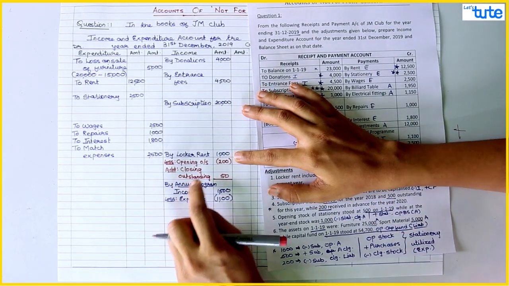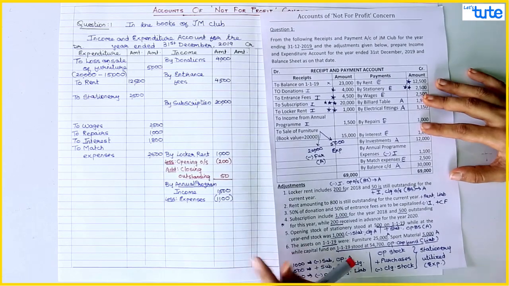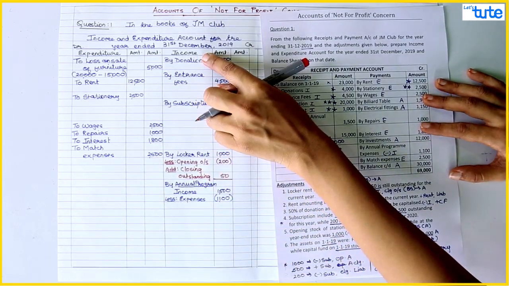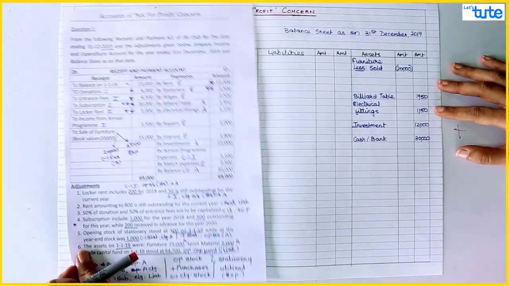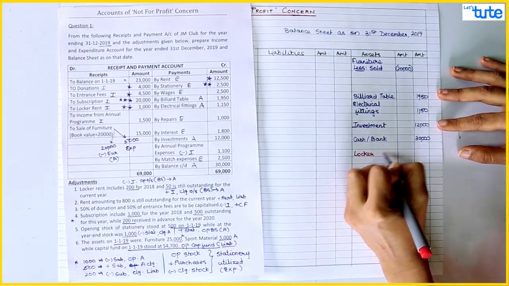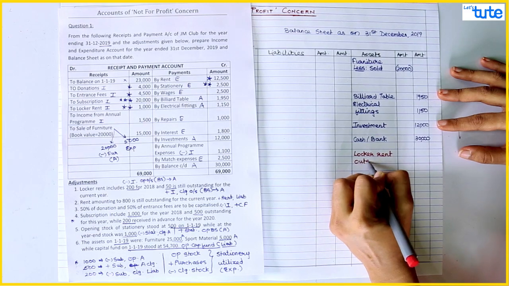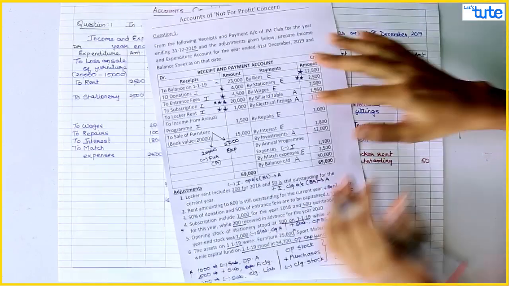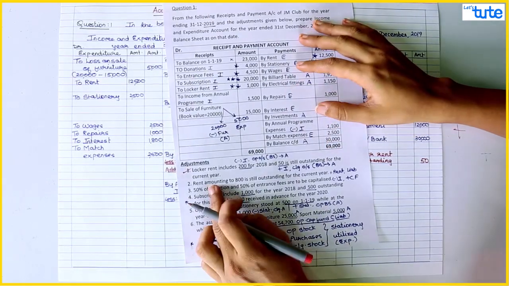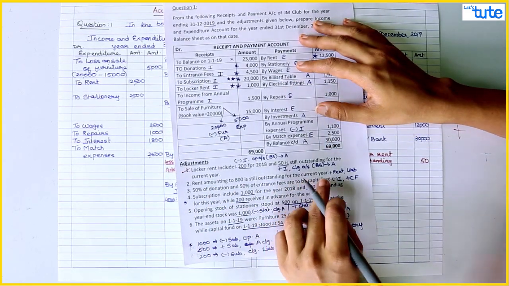Now closing adjustment goes to the closing balance sheet. Rent is your income and outstanding income is receivable, so that goes on the asset side. Locker rent outstanding 50. Next, so we are done with the first adjustment. Rent amounting to 800 is still outstanding for the current year.